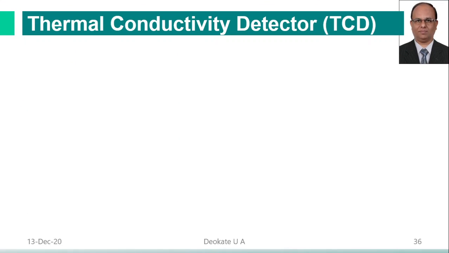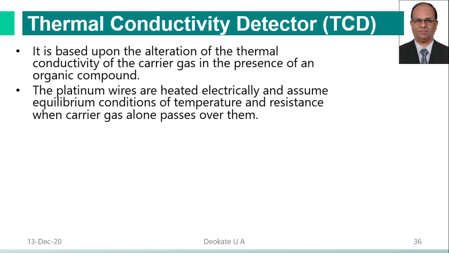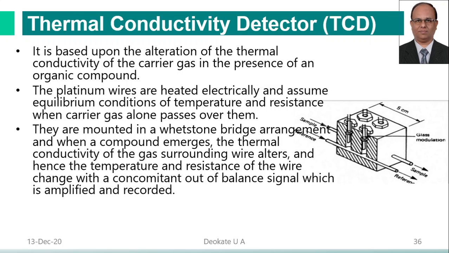The second detector which is used is the thermal conductivity detector, called the TCD. It is based upon alteration of thermal conductivity of the carrier gas in the presence of an organic compound. The platinum wires are heated electrically and assume equilibrium conditions of temperature and resistance when the carrier gas alone passes over them. So this is the block where there are four cells.